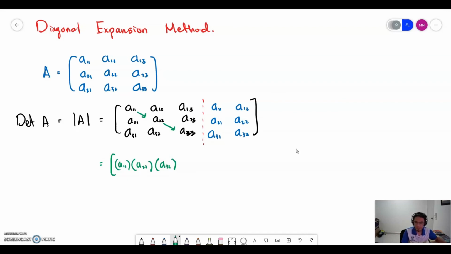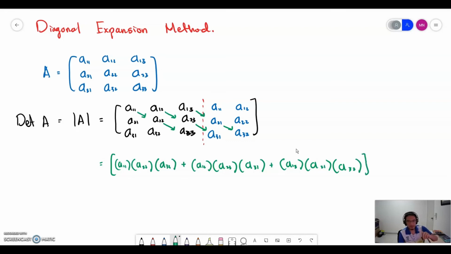Plus another diagonal, A12, A23 and A31. Plus another diagonal to the right side, A13, A21 and A32. So we have finished our first part of diagonal multiplication, in the direction to the right.